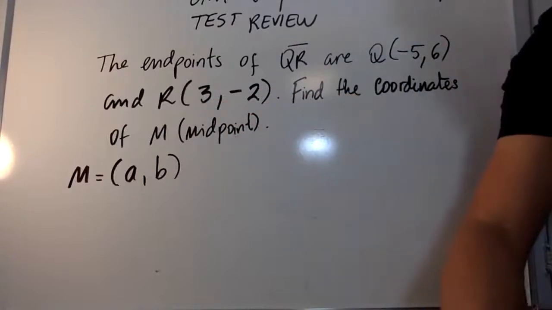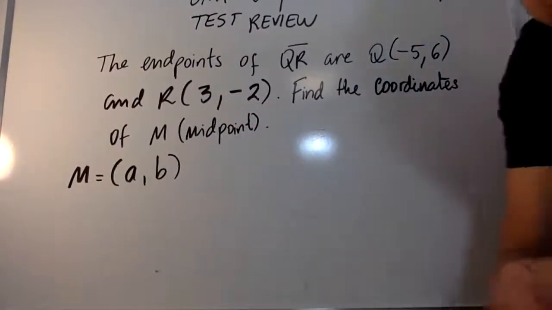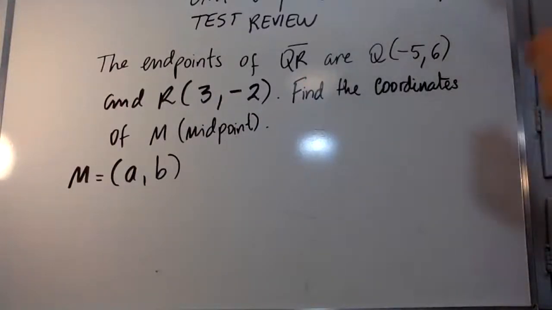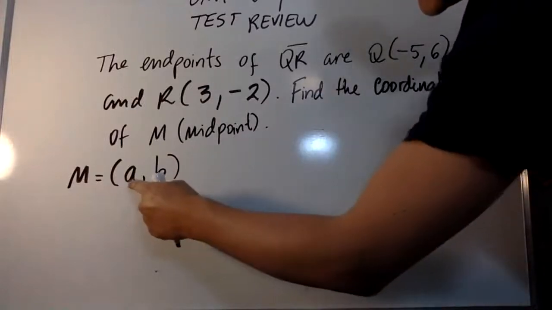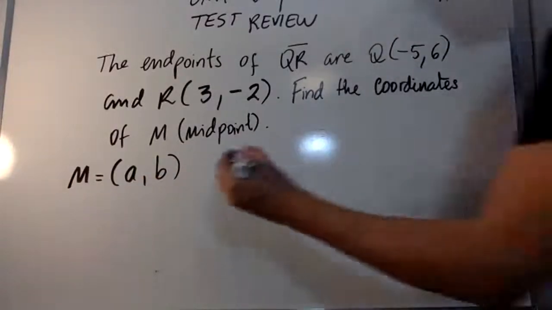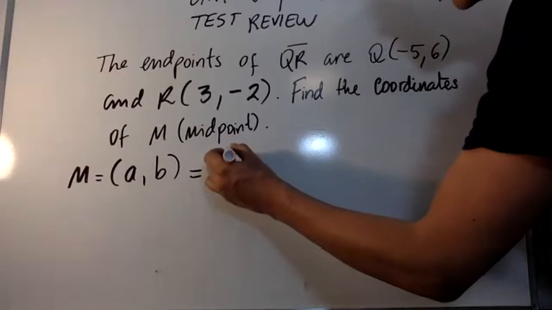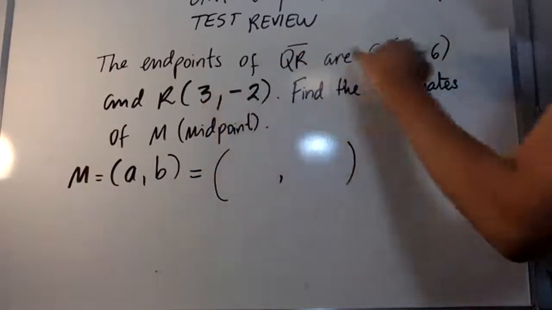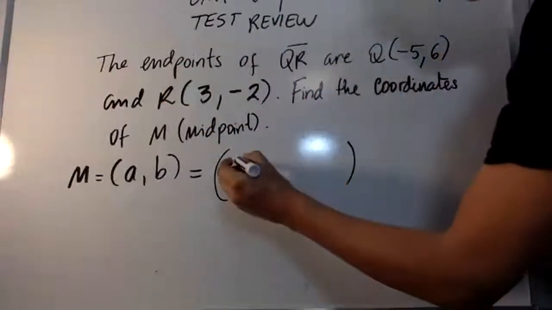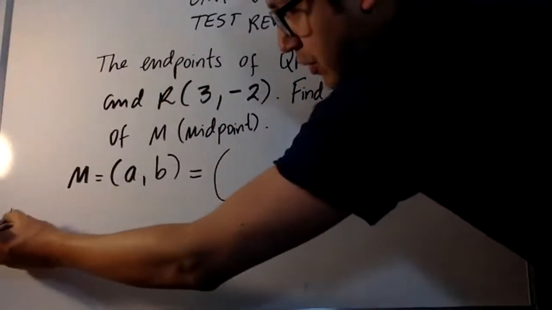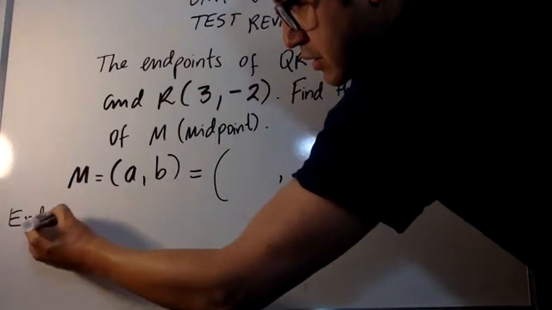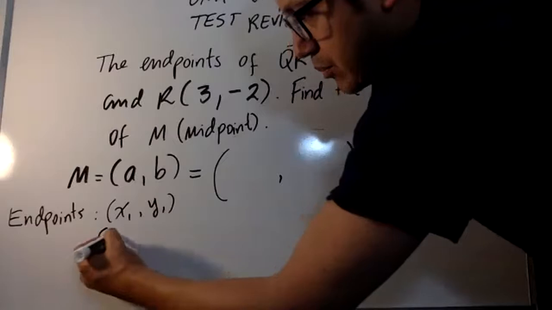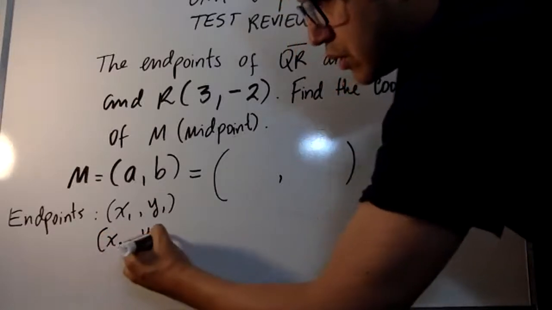If I want to find this A and this B, I'm going to take the x values of each of the endpoints. One endpoint is x1, y1, and the other endpoint is x2, y2.